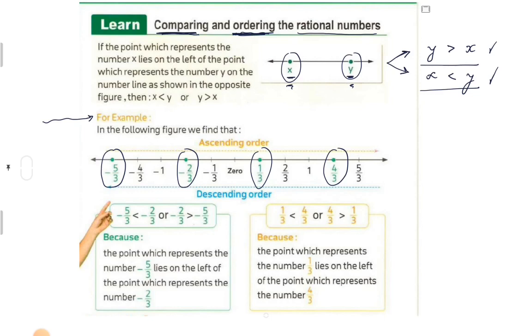If I'm asked to order these four numbers in ascending order, that means to start from the smallest to the greatest.